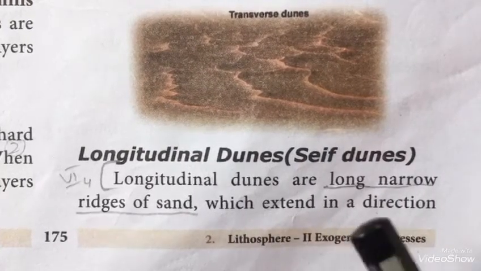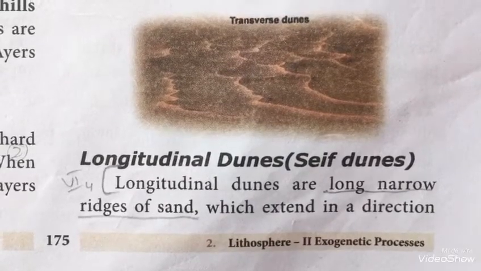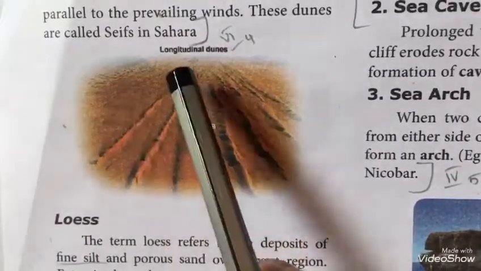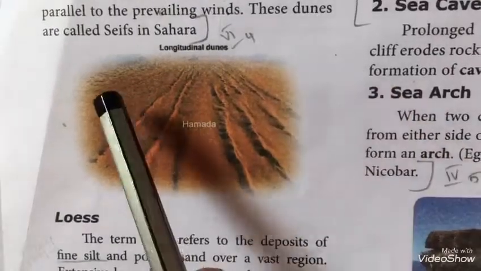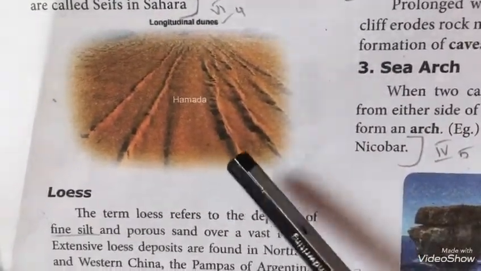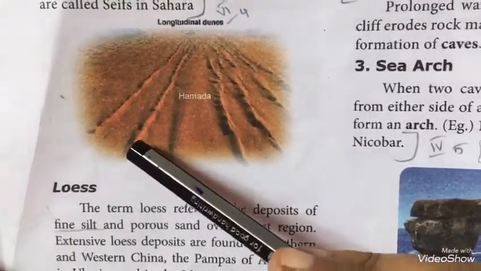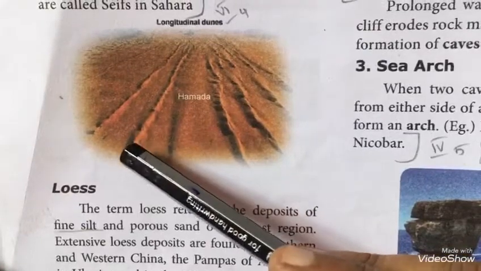Longitudinal dunes. Longitudinal dunes are long, narrow ridges of sand which extend in a direction parallel to the prevailing winds. These dunes are called seifs in the Sahara. So longitudinal dunes means long dunes. See here, it is a long, narrow dune. Narrow means it is thin, no? So how is this formed?